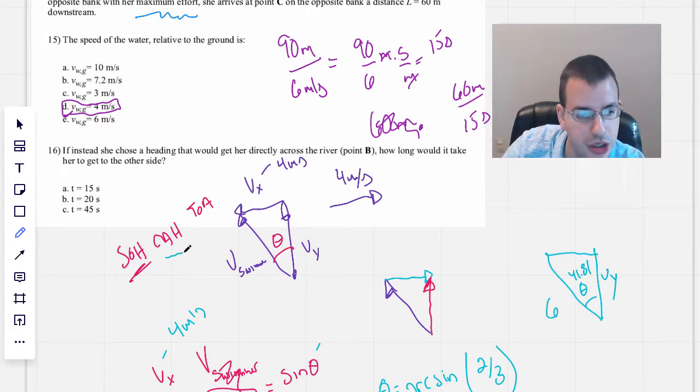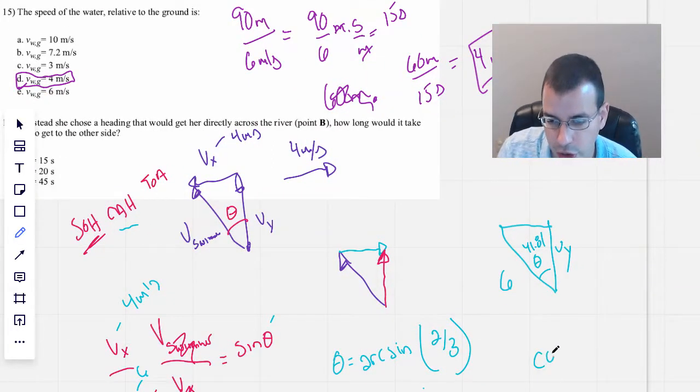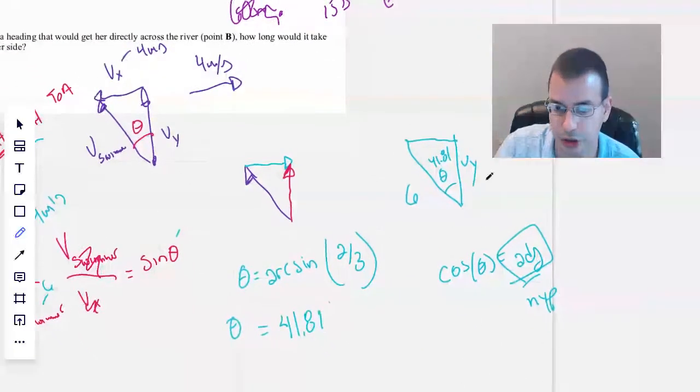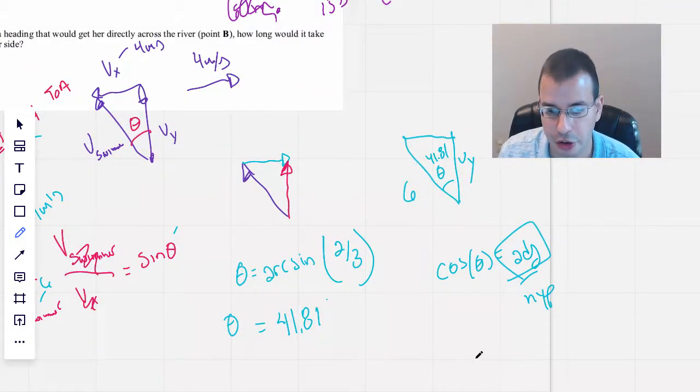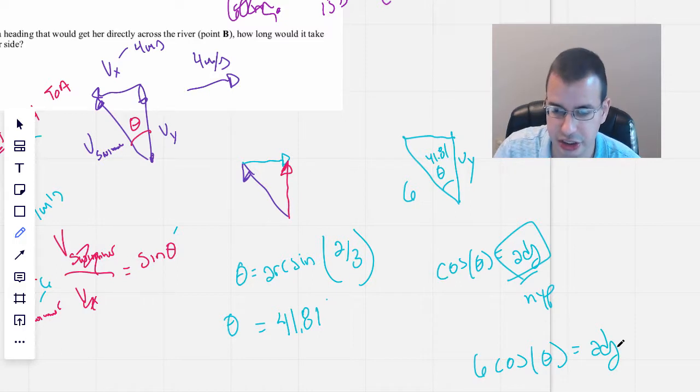We're now going to use cosine of theta equals adjacent over hypotenuse. We're looking for adjacent here, which is this one right here. So we have 6 times cosine of theta equals adjacent.